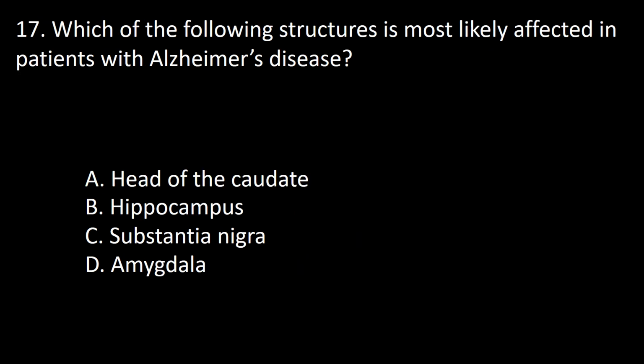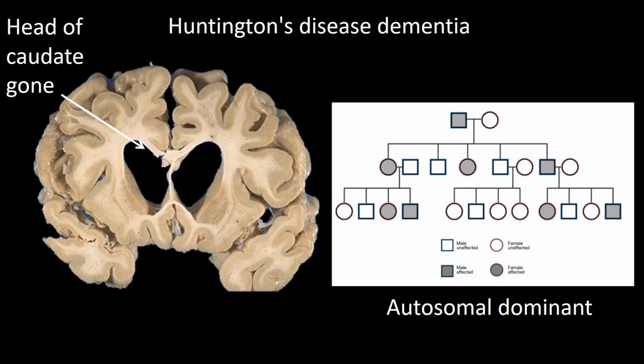Next question. Which of the following structures is most likely affected in a patient with Alzheimer's disease? A, head of the caudate, B, hippocampus, C, substantia nigra, D, amygdala. Huntington disease dementia occurs with enlargement of the frontal horn of the lateral ventricles. This is due primarily to atrophy of the head of the caudate nucleus.